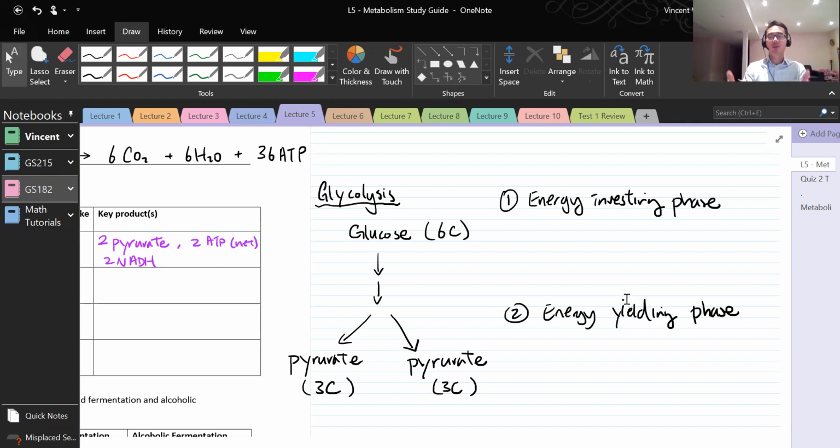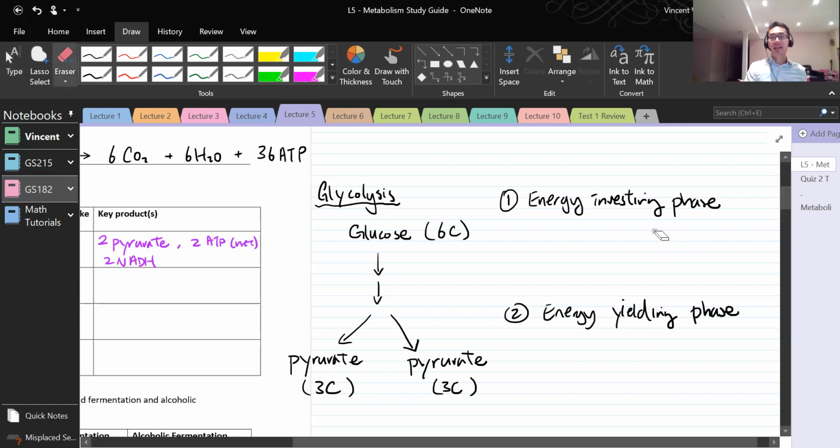So you have to invest a little bit before you get some back. This is essentially what happens in the energy investing phase. You are going to use 2 ATPs to energize glucose, to make it unstable, to make it want to react.